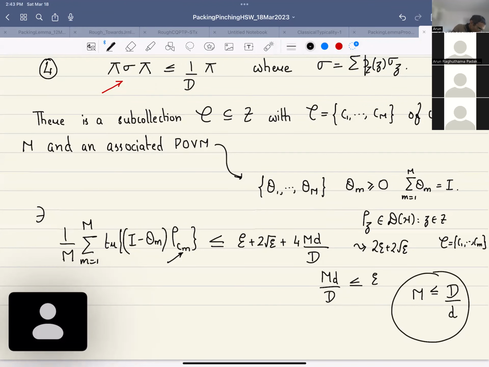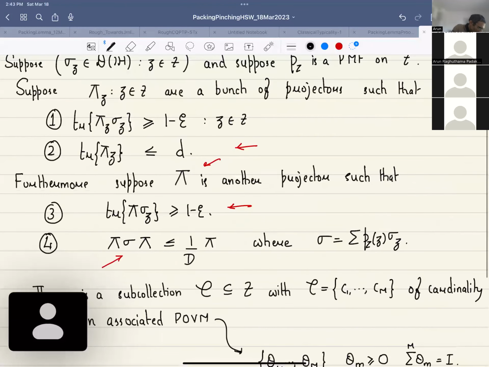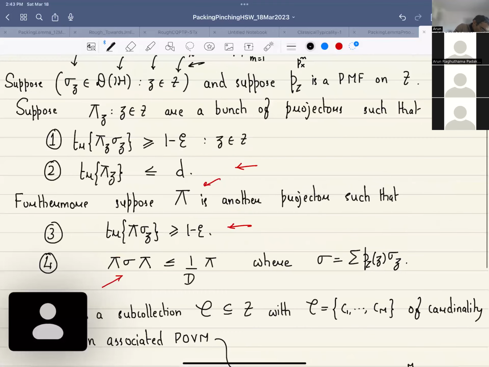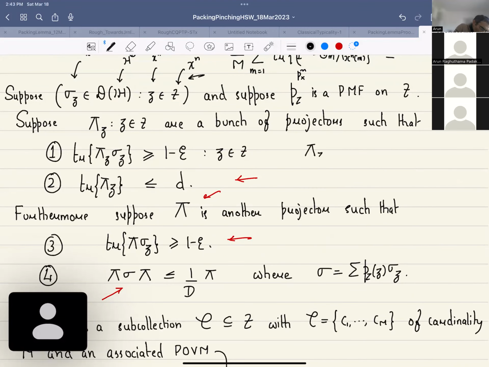Let's get a feel for what these capital D's and small d's are. The sigma z's are going to be your conditional typical projectors, so it's going to be something like pi rho xn. And your pi is going to be pi of rho, where rho is the sum of p x of x rho x.